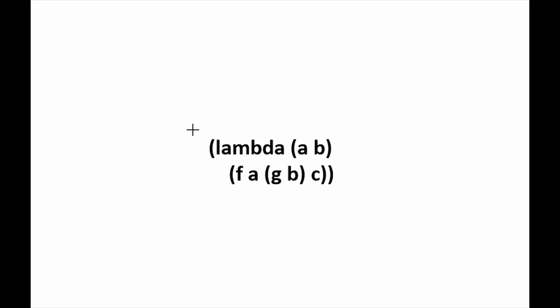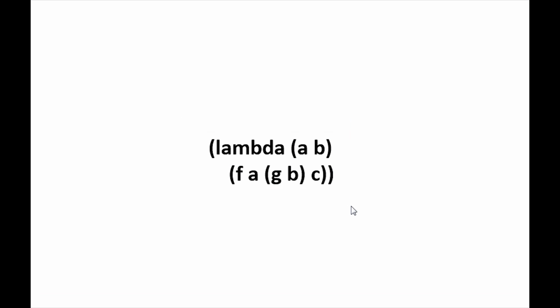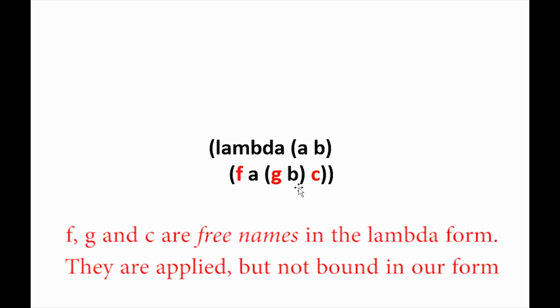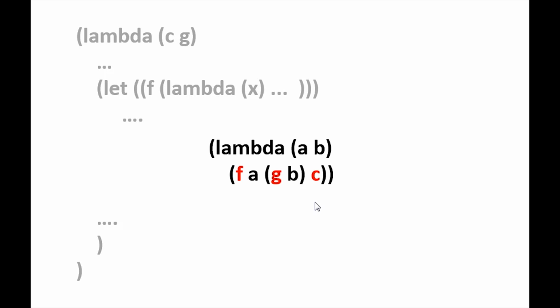Here we have a lambda expression with two parameters A and B. But what is interesting is that in the body of our function, there are three names F, G, and C, which are unbound. So they rely on the context. And there are many possible contexts.